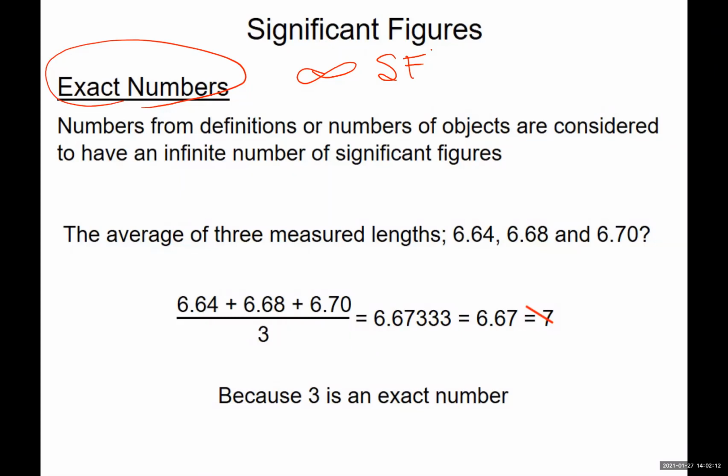So exact numbers are numbers which you don't have to use a measurement tool to come up with, like counting people, like counting footballs. If you have balls used for playing football, you're counting.